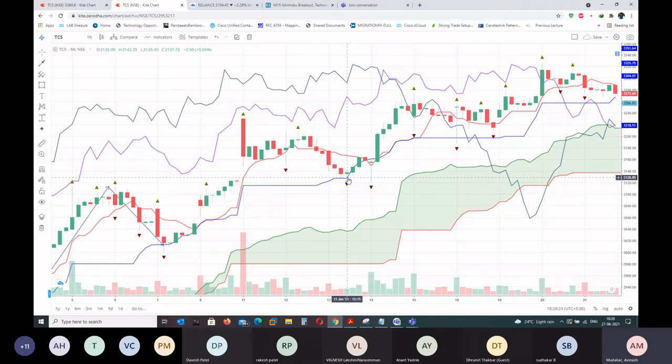Like this you can see the same thing, inside pattern, again outside breakout. If you're seeing good volumes here, if the structure is good, and you see previous volumes, and if you think it's going to continue upside, then you can buy.